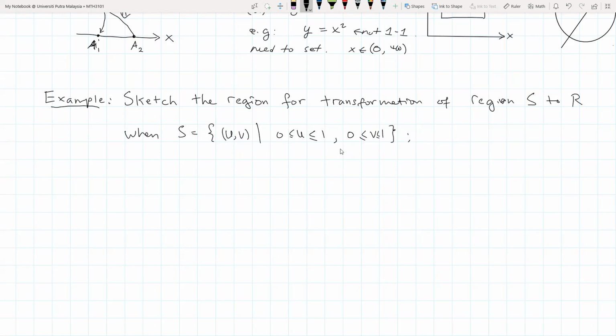The transformation is given as X equals U squared minus V squared, and Y equals 2UV.